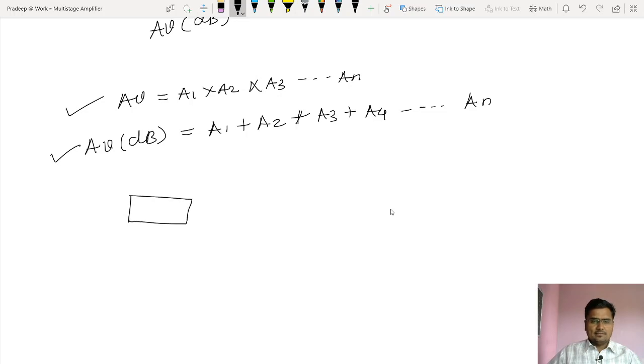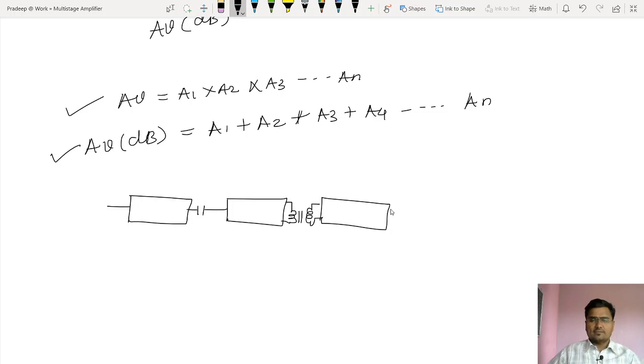This is stage 1, this is stage 2, this is stage 3. Three stages are connected. Now if I connect them using a capacitor, and if I connect the second stage to the third stage using a transformer, just check what I'm doing here.